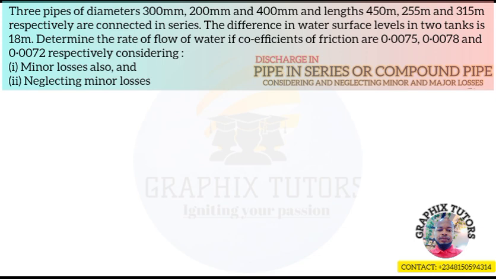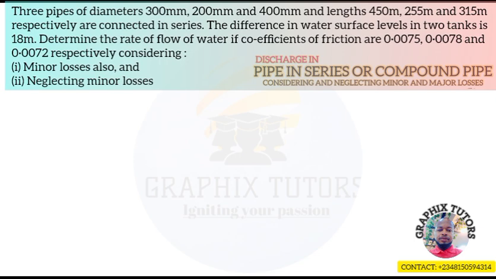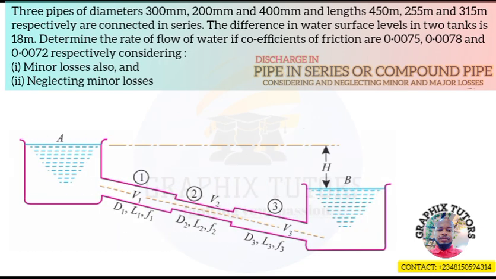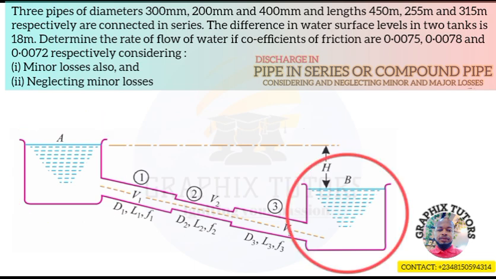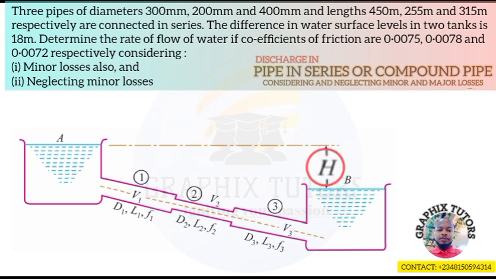Now, this is what we have here. It says the pipes are in series, and this is a diagrammatical representation of what they are trying to make us understand. This is tank A and tank B, and the difference in liquid surface level is given as capital letter H. Now, three pipes are used to connect tank A to tank B, and these pipes are in series, right?